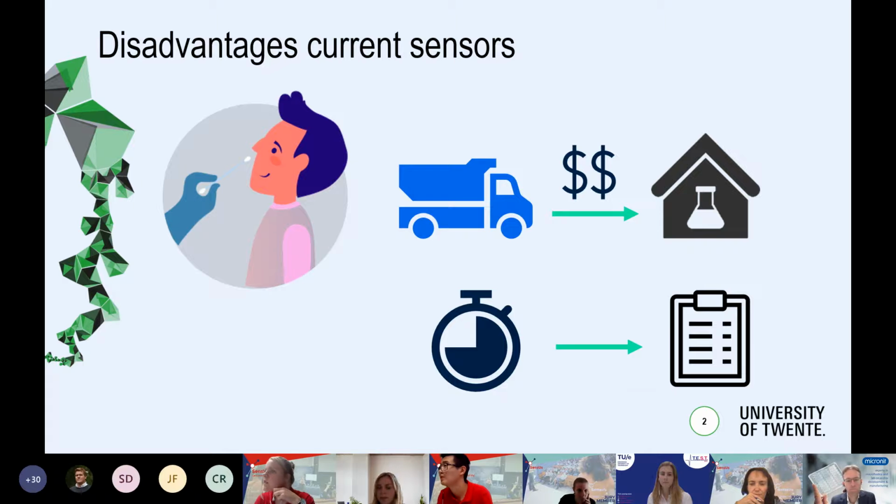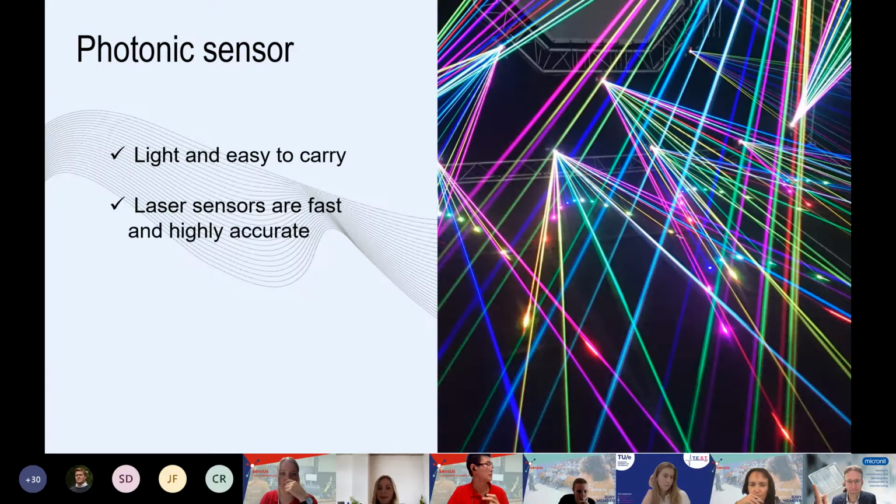The problems with the current testing methods are the high cost of transportation and the long waiting times for results. With this in mind, we have developed a photonic sensor. This sensor, which only requires a small LED laser source, is much easier and smaller to handle and transport compared with chemical sensors. It also has fast detection and highly accurate results.